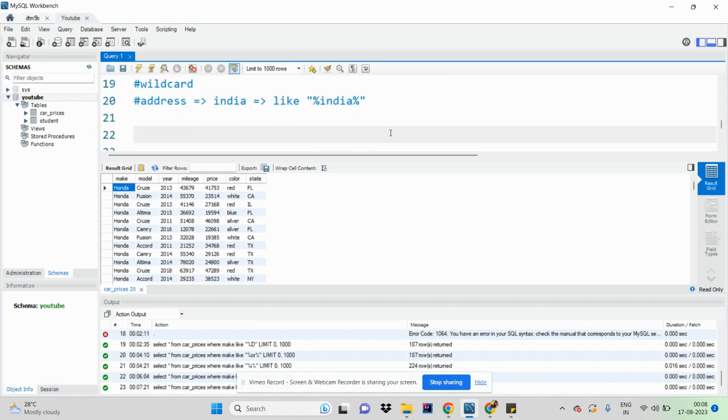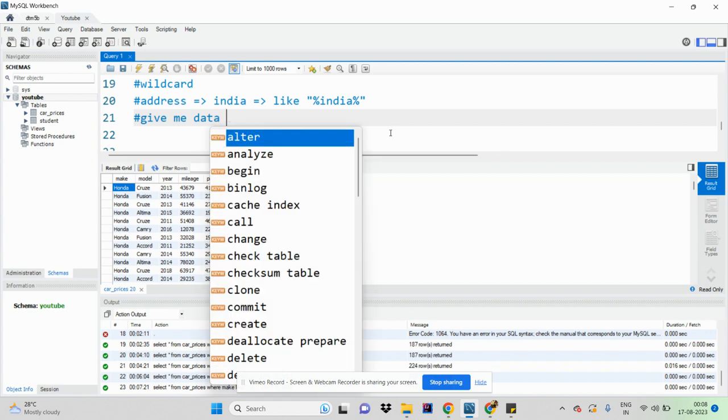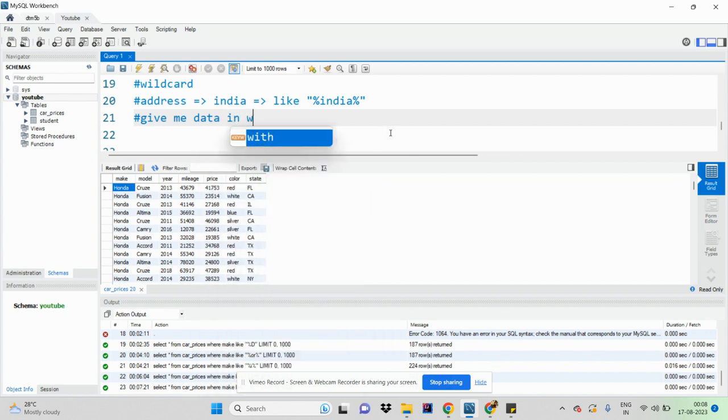Another commonly asked interview question on wildcards is: give me the data in which the column make starts with vowels. They can give any column.